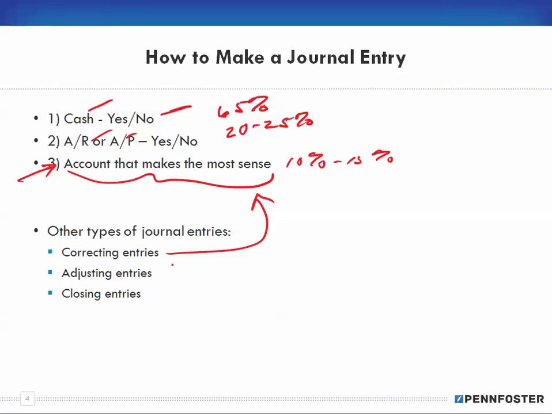But generally, when we get to the end of the accounting period, we'll make correcting entries if we find that we've made a mistake, but we'll also make what are called adjusting entries and closing entries, and we'll cover that as part of Chapter 3. Just want you to be aware that there's other types of journal entries.